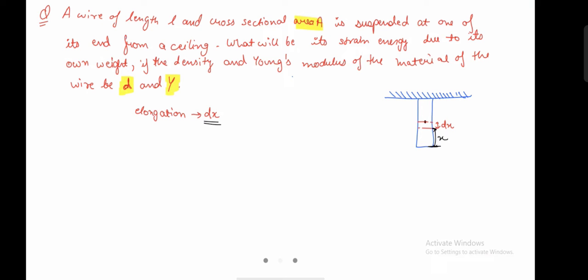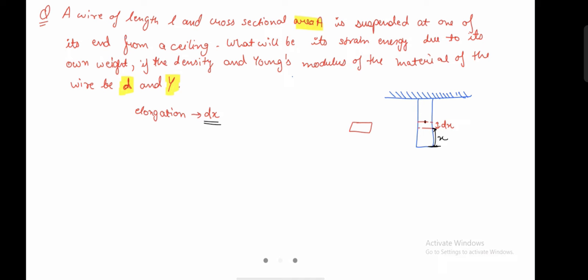All right, now what will happen? Now there is some external force acting on them, but this external force is because of itself only. What do I mean by itself? It is because of the mg, the downward force which is acting. Now let's take a small portion out of here, like this. Let's say we are taking this small portion outside, and this is going through the elongation.